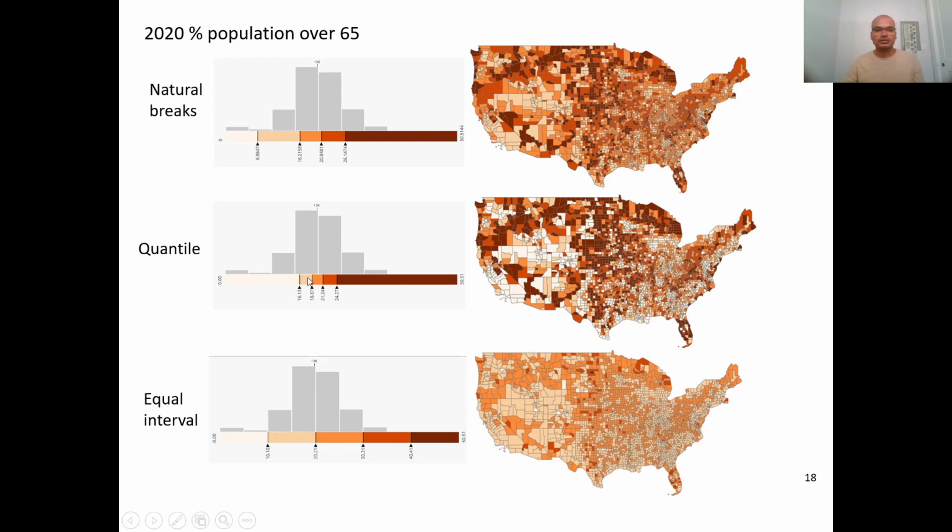This one uses the statistical distribution using the mean. This is the mean, and below the mean 2 or 3 classes, above the mean 2 or 3 classes using a quantile approach. And this one simply uses the data in equal intervals. All the classes have equal values.